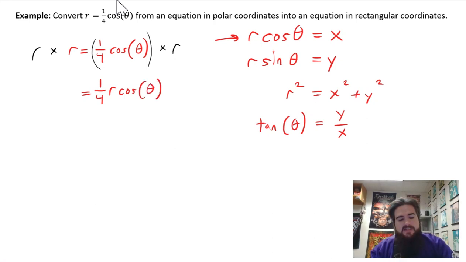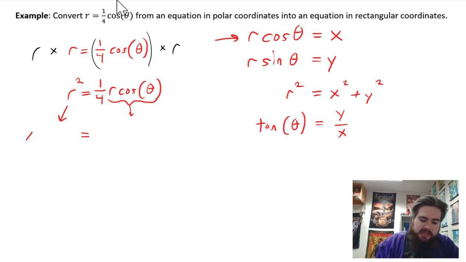And on the left side, r times r, well, that's r squared. And now, after that one operation, I see how I can replace r squared using one of the equations, as well as how to replace r times cosine of theta.